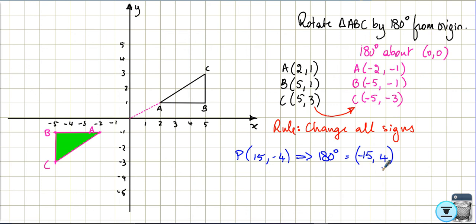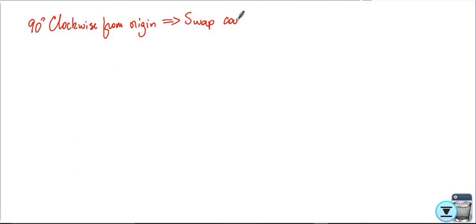I'm going to write them down on one single page so that you can have them very easily. You can study them very easily, and then we'll do one last example so that we can consolidate what we have learned today. So here we have the rules. 90 degrees clockwise from the origin: the rule was swap coordinates and change the sign of the y coordinate.